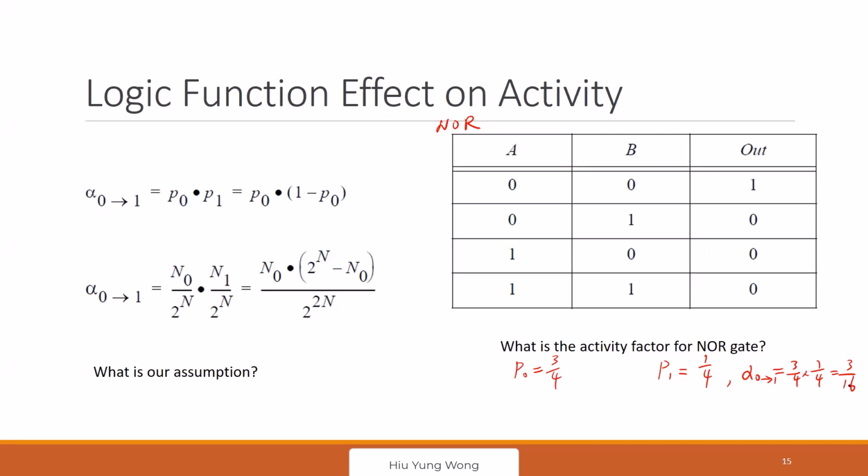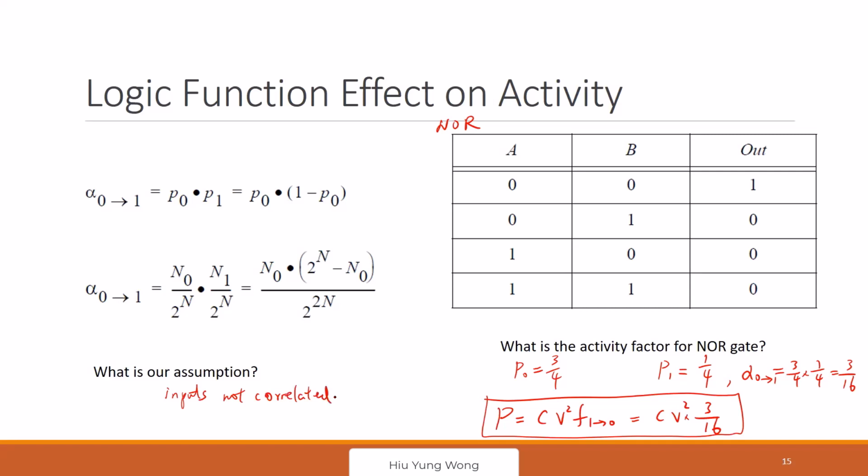So the power consumption is just C V squared times f, for the 1-to-0 transition, okay? Which means this is just C V squared times 3 divided by 16. So for some gates, they actually are less active and they consume less power on average. Of course, our assumption is that the inputs are not correlated, right?